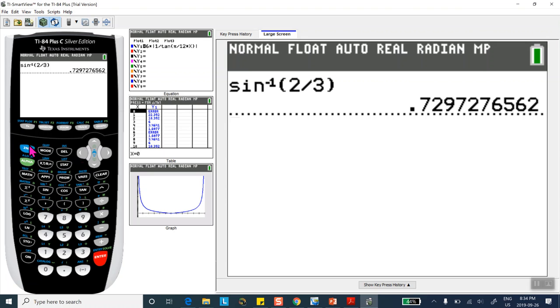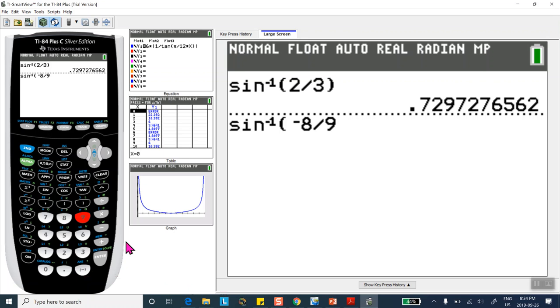Let's try the next one, which is number 12. Once again, second function, sine inverse. Oops, clear this. Okay, second function, click on the sine, which is going to pick the sine inverse for you. This is number 12, so it's going to be negative. Now remember, negative is this button, negative 8/9.